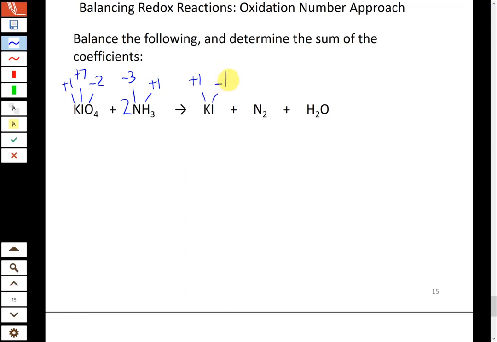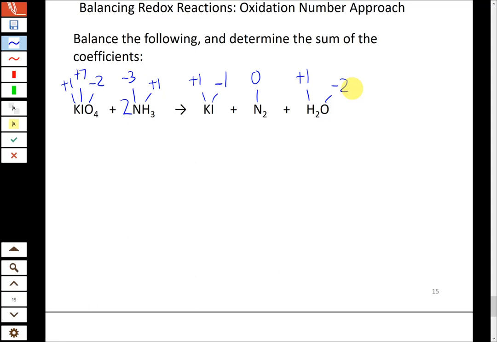So for binary ionics, it's just the charge of the ions, +1 and -1. N2 is an element by itself with no charge, so it'll be 0. Again, elements are the ones that have 0 oxidation numbers. And then finally, water is the one that we see almost all the time, +1 and -2.